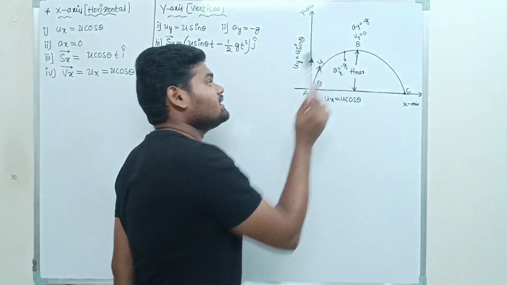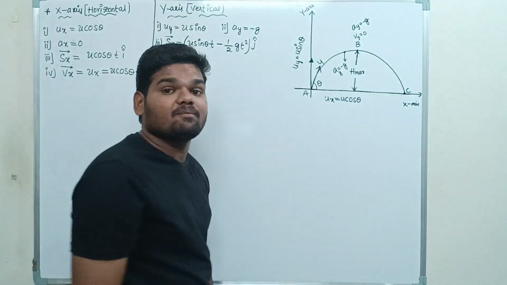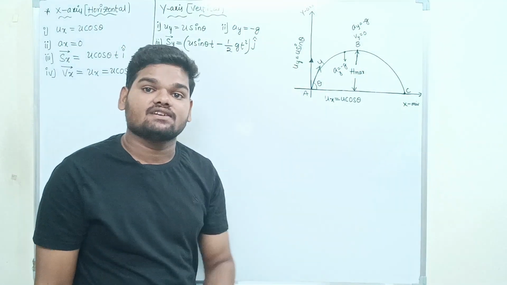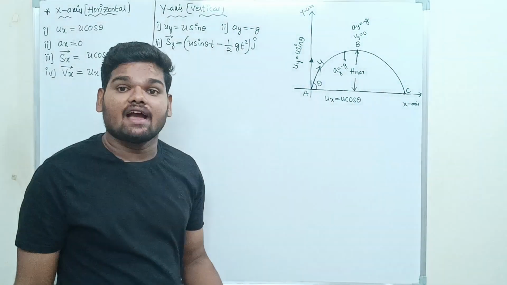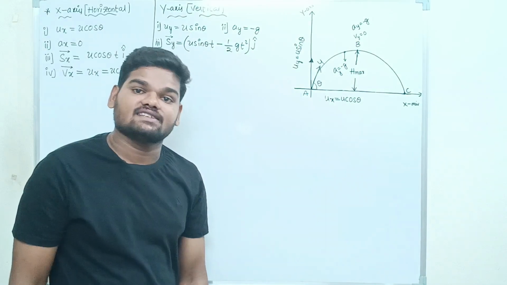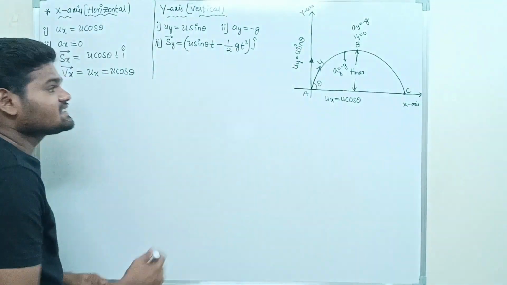From point A to point B, its velocity decreases, and at point B, at maximum height, its velocity becomes 0. When the object is moving from point B to point C, again its velocity increases. That means its velocity changes from point to point on its path.